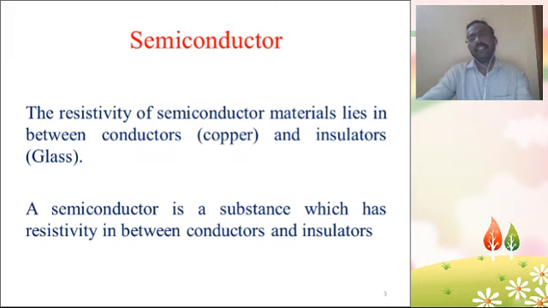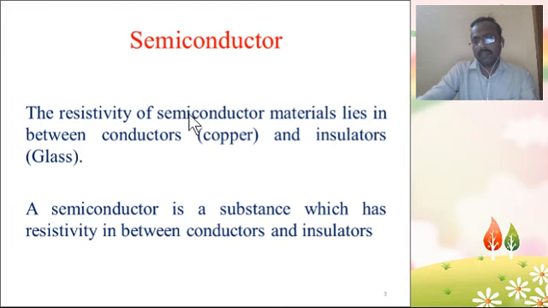Next one is semiconductor. The semiconductor is a combination of conductor and insulator. This means the property of semiconductor lies between conductor and insulator.